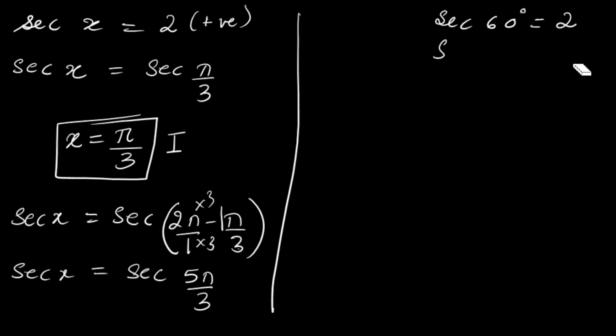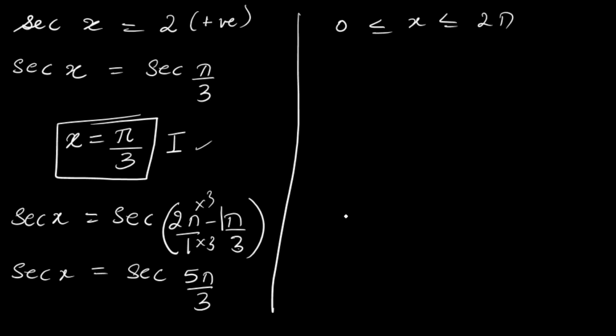Again, two values we will be getting, because here I got the value as positive. It's a positive value, and for the first and fourth quadrants secant is positive, so both the principal solutions I have to write, because I have told you the principal solution is from 0 to 2 pi. So see, this 60 degree is coming in 0 to 2 pi, and this is also in 0 to 2 pi.